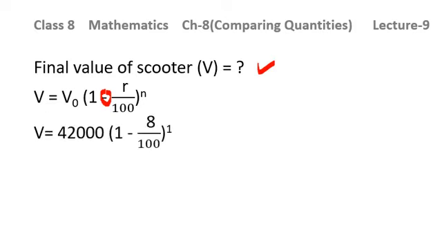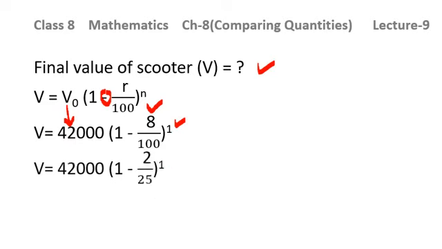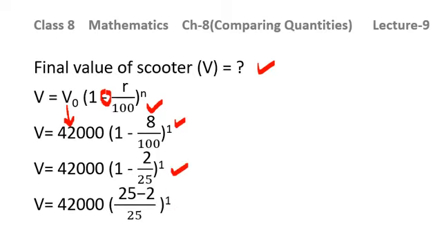Now putting the values, V is equal to V naught, that is given to us as 42,000 bracket 1 minus R over 100, that is 8 over 100, raised to the power 1, because after 1 year we need to find the value. So V is equal to 42,000 bracket 1 minus 2 over 25 raised to the power 1. Then after taking the LCM in the bracket, V is equal to 42,000 bracket 25 minus 2 over 25 raised to the power 1.